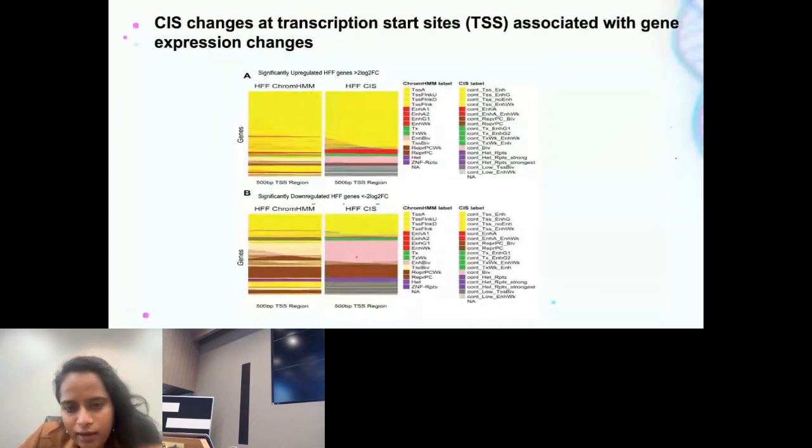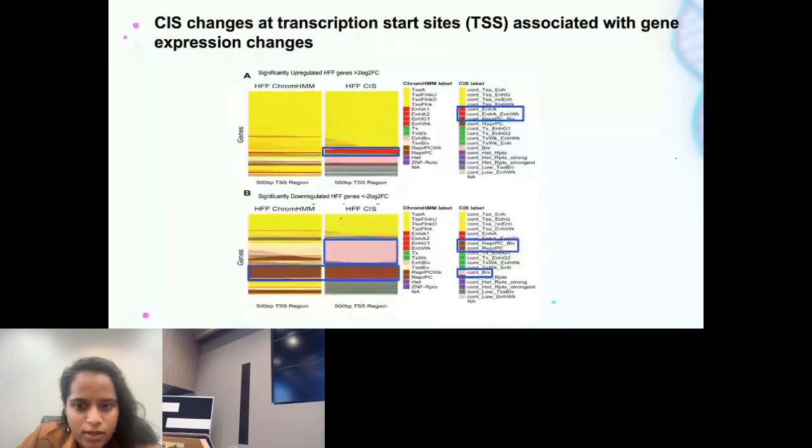In the upregulated HFF, you have more contacts with the enhancers and enhancers in genes when we look at the HFF in cis contacts, but when we looked at the downregulated part, we could see that there are more bivalent and more repressed polycomb state regions.